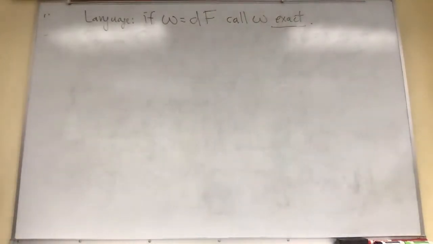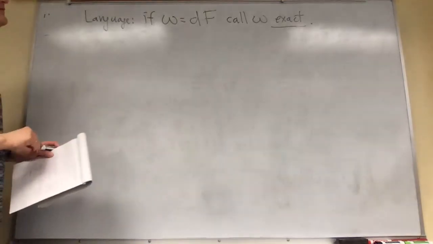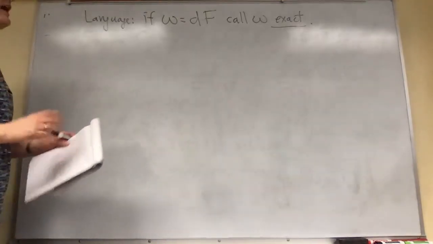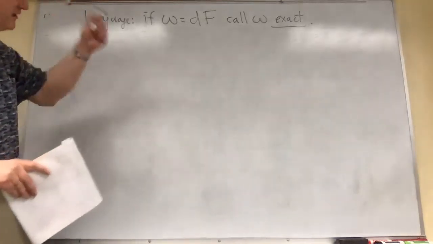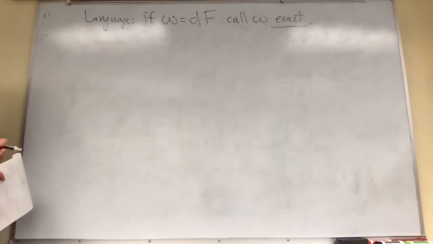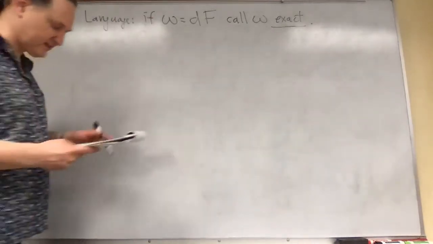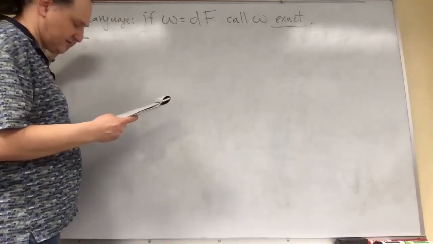All right, so if a differential form is exact, if a one form is exact, then the line integrals of that one form are independent of path. All right, great. I've said that enough times that I hope it's starting to become familiar.